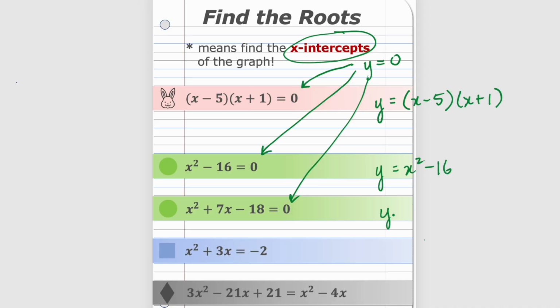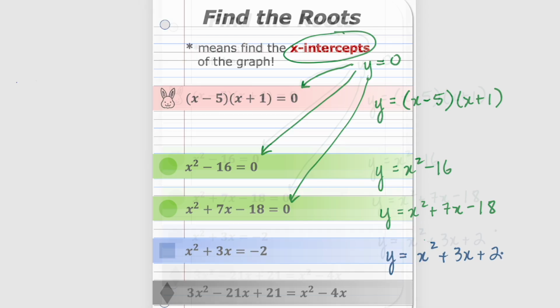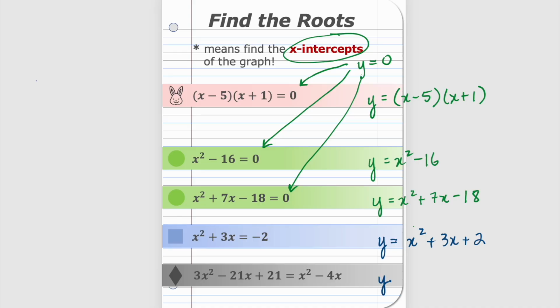And this one, y is equal to x squared plus 7x minus 18. The last two need a little bit of rearranging, and we rearranged this one to be y is equal to x squared plus 3x plus 2. And the last one, we rearranged it and found that we had 2x squared minus 17x plus 21.